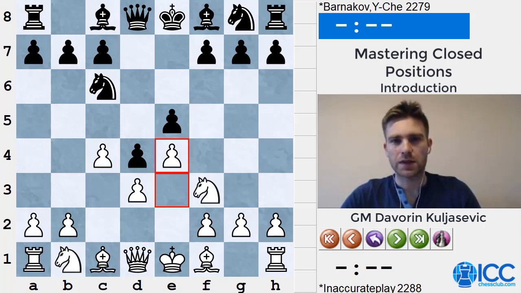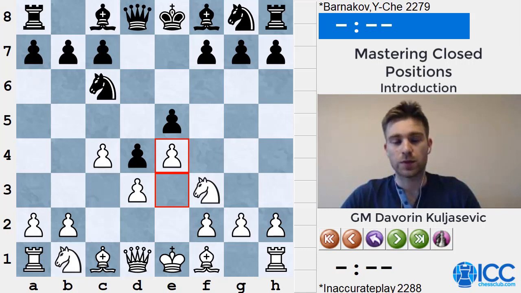But if one of the sides opens up the position favorably for them, like let's say white pushes f4, opens up the center, opens up the f-file, or if black does the same, he pushes f5, the position will open up and then something will start happening in the center and so on. This is one of the most important things in such positions. Always pay attention to pawn breaks, both for yourself and for your opponent.